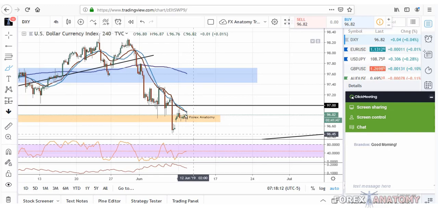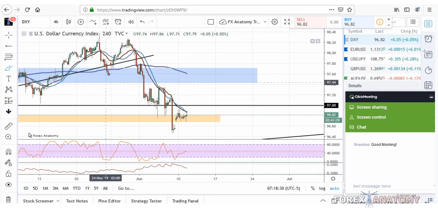So you see that consolidation taking place, that moment of indecision in the market, where right now traders and investors are trying to figure out which way they're going to trade the dollar. But of course, this is what's happening.